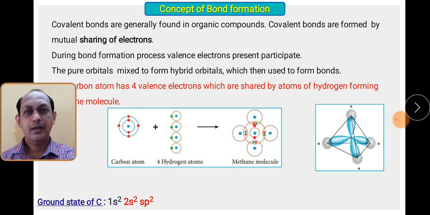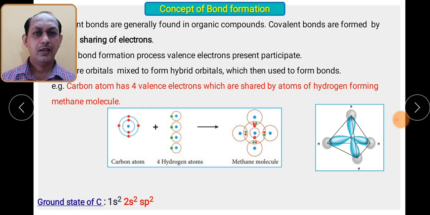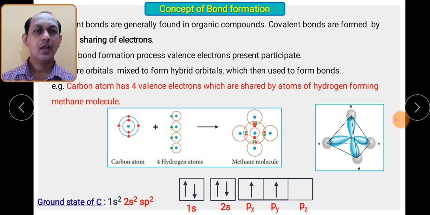At the ground state, carbon has the electronic configuration 1s2, 2s2 and 2p2. How will these electrons be accommodated? In 1s2, one electron with parallel spin and another with anti-parallel spin, same in the 2s orbital. This K shell is the first shell from the nucleus and is completely filled.